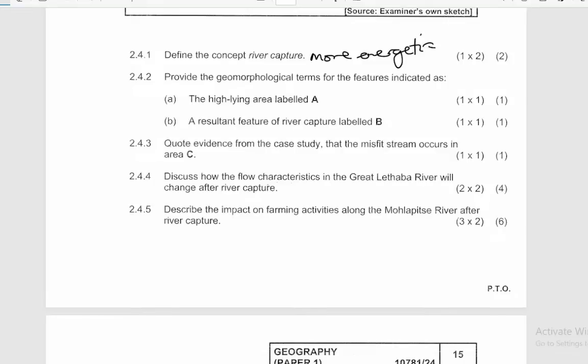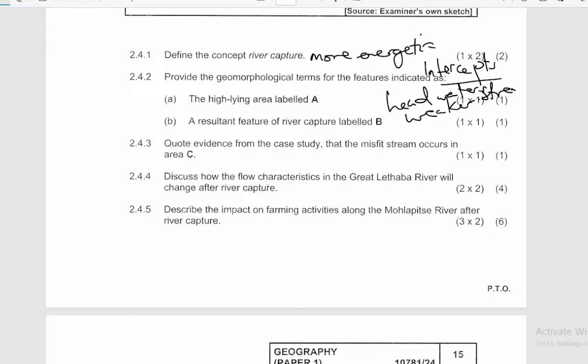What does the more energetic river do? The more energetic river intercepts. Use proper geographical terms: interception. It intercepts what? The headwaters. Headwaters meaning to say water coming directly from the source. Headwaters of what stream? Of a weaker stream.